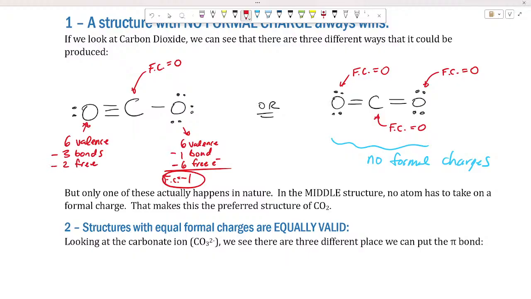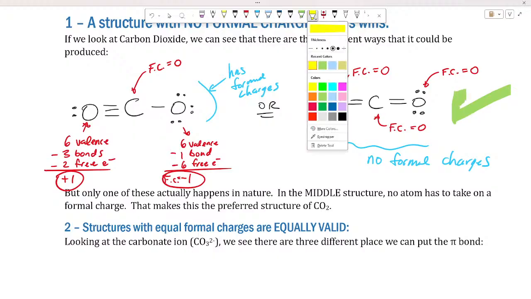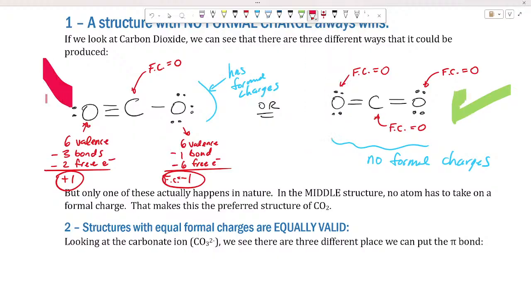And so what's the formal charge on this one? +1. Good. Which means this structure has formal charges. And that means that in nature, we will see this structure, and in nature, we would expect to not see this structure. Does that make sense?